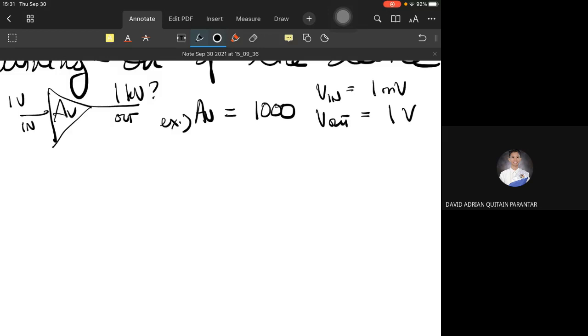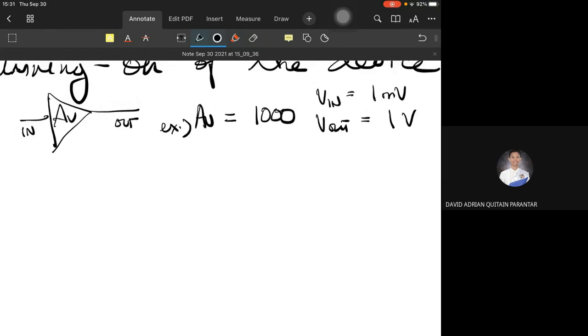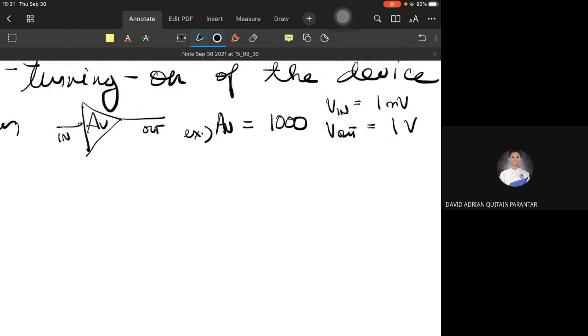But is this realistic? Have you ever heard of an amplifier where the input is 1 volt and it outputs 1,000 volts? It's unrealistic. So the question is, why is it unrealistic?